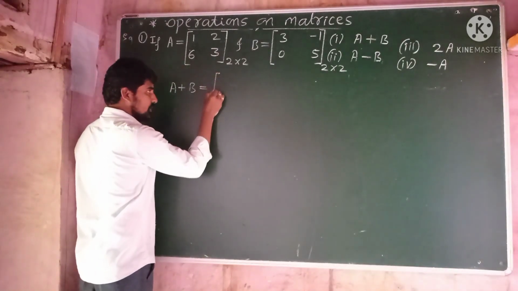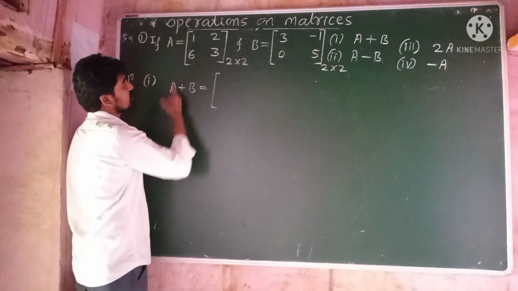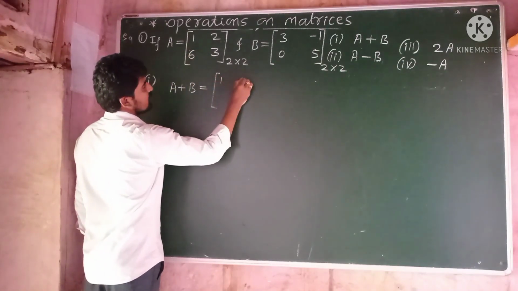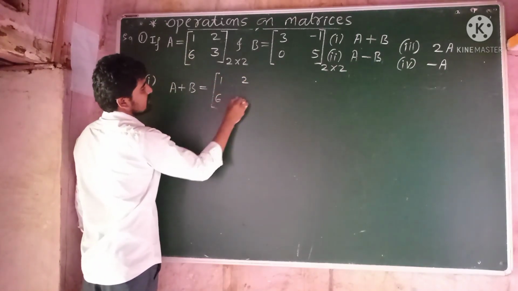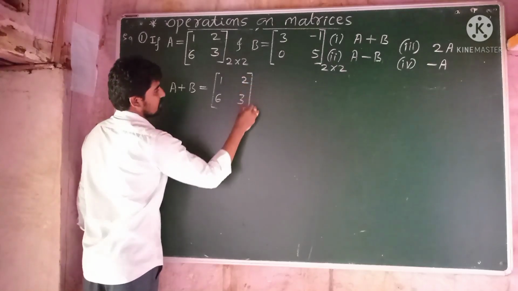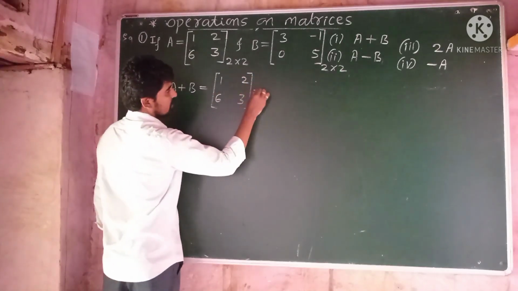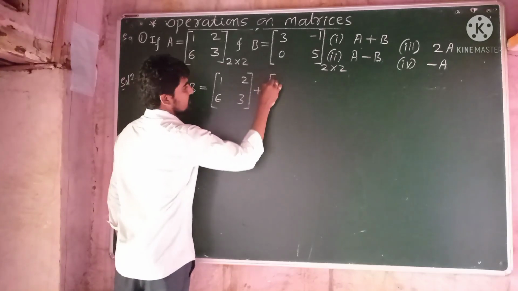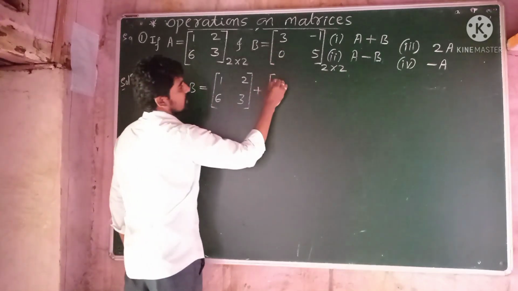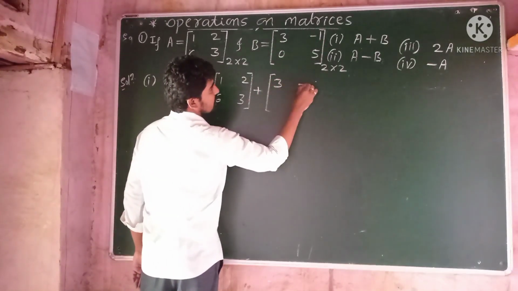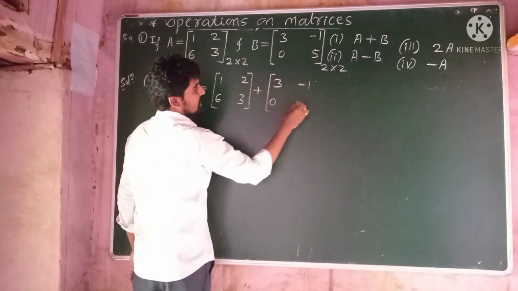So A plus B is equal to, the matrix A is given by 1, 2, 6, 3, plus matrix B is given by 3, minus 1, 0 and 5.